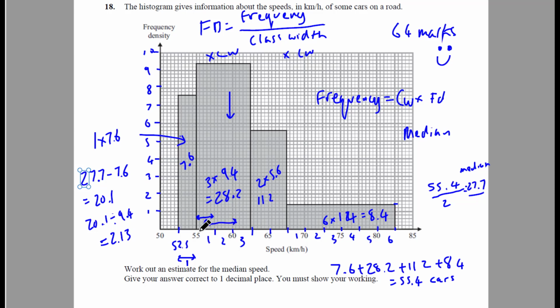So that's 1, 2. 2.13 is somewhere here, from here to here. So that's going to be 60.2 to 60.4 kilometers per hour.